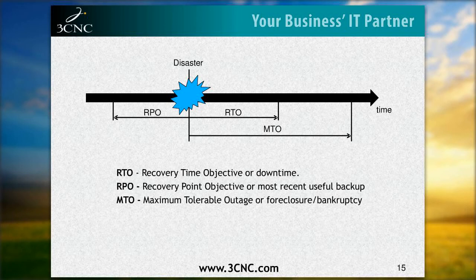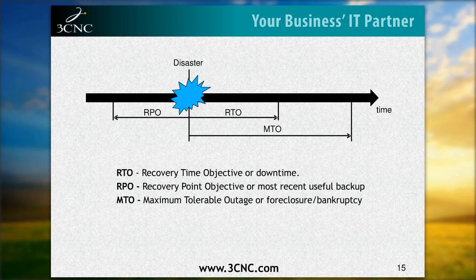All right, and then RPO is your last useful backup. Those are the snapshots or the backups that were being taken, and that's the last one that is useful, be it 15 minutes, an hour, whatever your business demands, whatever it is that you purchased as a BDR.